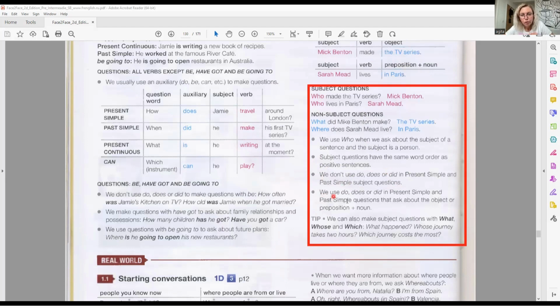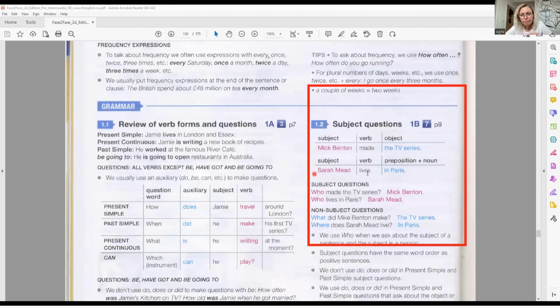We use do, does, or did in present simple and past simple questions that ask about the object or preposition plus noun.